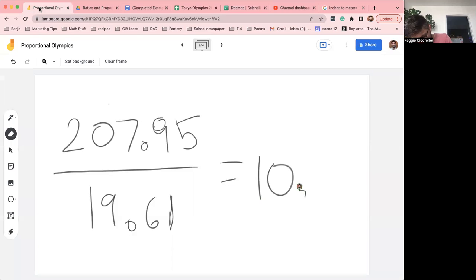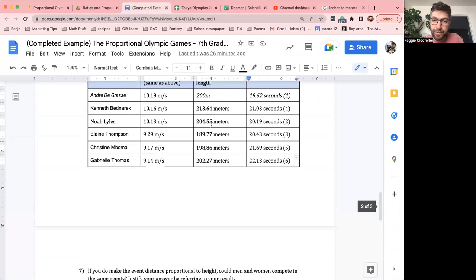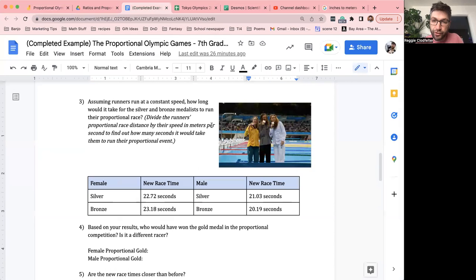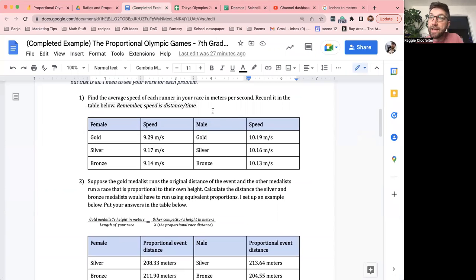So the speed I would need to win my proportional race at the Olympics would be 10.6 meters a second. A lot of you are going to get a speed that's less than the speed of your competitors because your race is going to be shorter. For me, I need a speed that's actually faster than any competitor. I'd have to run faster than anyone in the world to win my proportional race length.